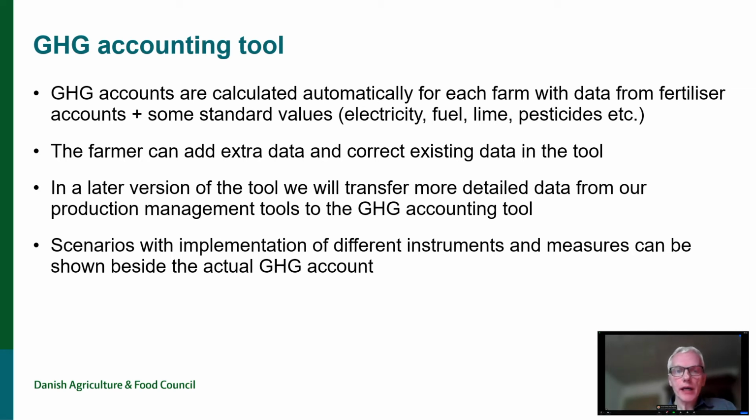Then the farmer can add extra data, and he can correct the existing data in the tool. There's also a possibility to choose different instruments to reduce the greenhouse gas account, and then present some scenarios compared to the actual greenhouse gas account.